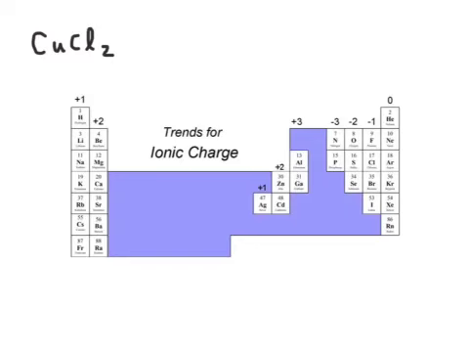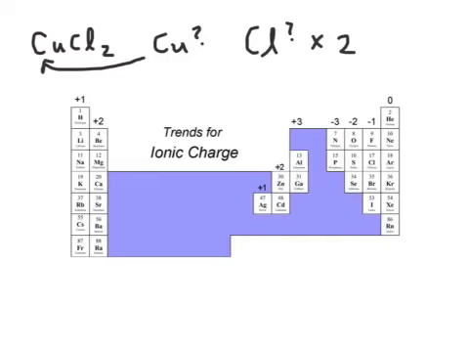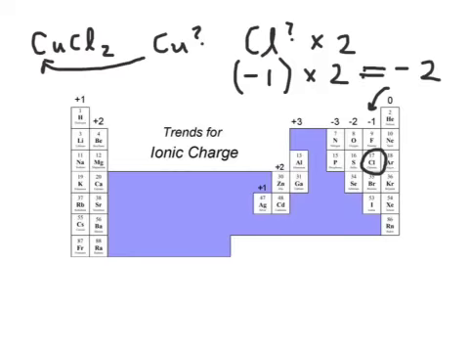You're going to figure out what the charge is on Cu based on what is the charge on Cl, but it's times 2. Okay, so here's chlorine, Cl. There's the -1. So this is -1 charge times 2 for a total of -2 charge.